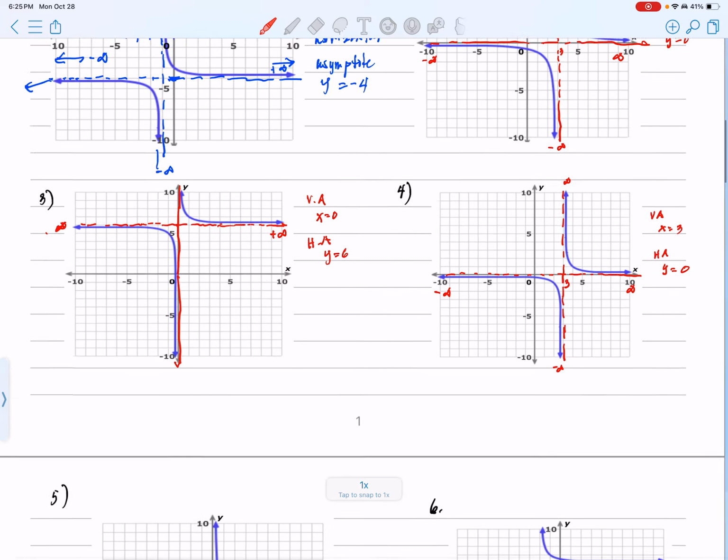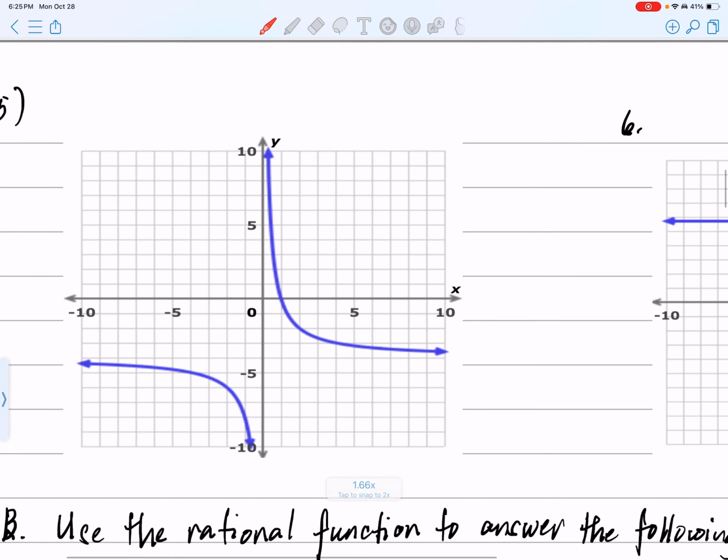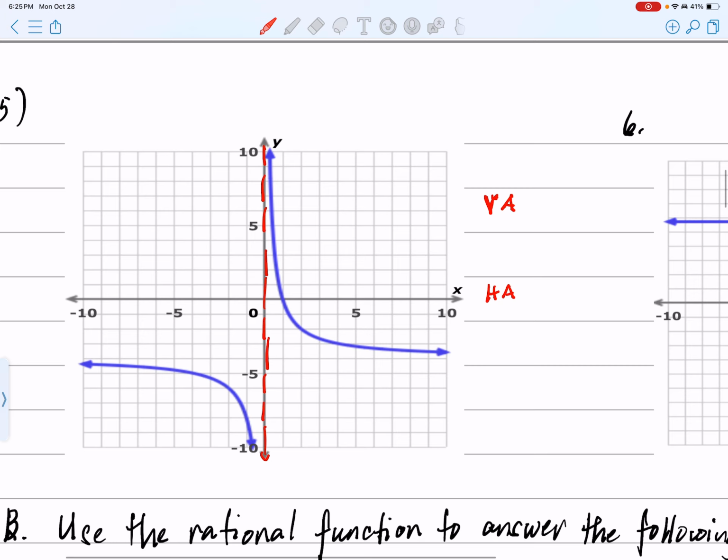Let's have this graph. Vertical asymptote and horizontal. So we have a vertical asymptote here, touching the curve but not intersecting the curve. As y approaches positive infinity and negative infinity, x is equal to 0. Okay.